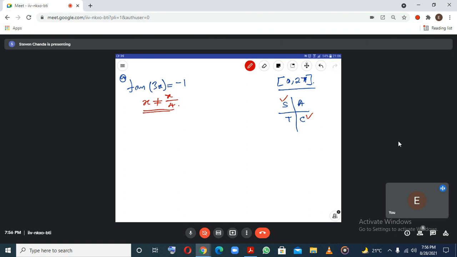The angles we are looking for are not acute, because this would have been true if the answer was positive, since tan in the first quadrant would have been positive. Now it's negative, so we have to find answers which are in the second quadrant.